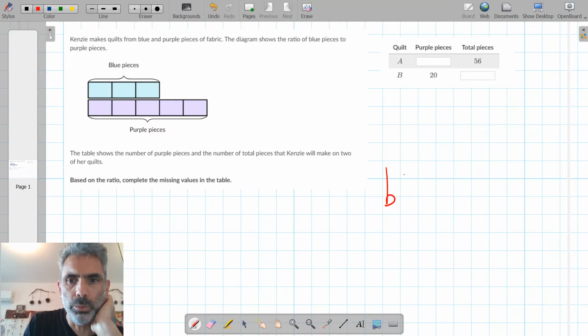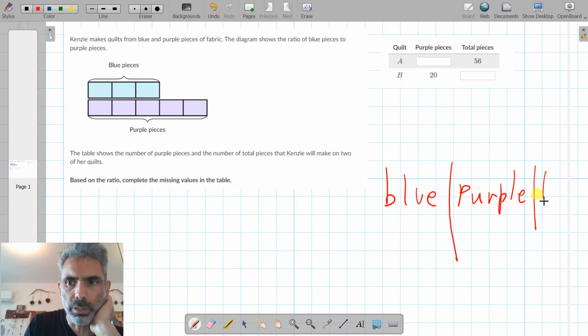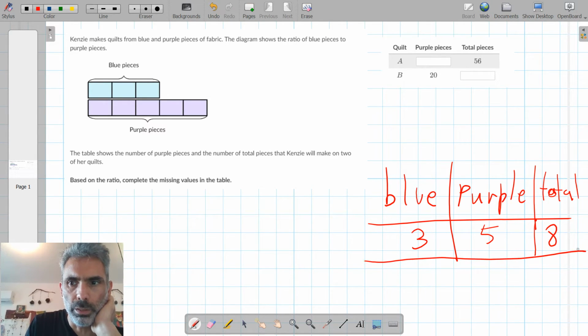Okay, so let's see, blue, purple, and total. So the ratio is 3 to 5, and the total pieces is 8. For the first quilt, we have a total number of pieces which is 56.